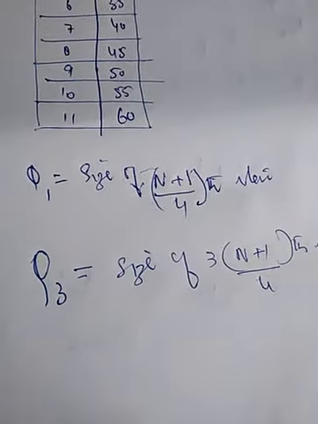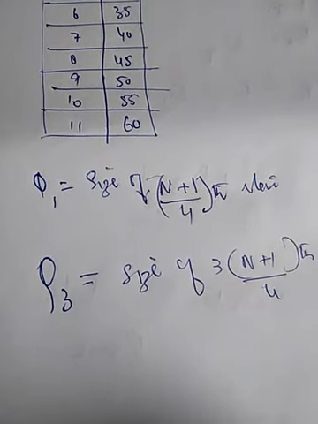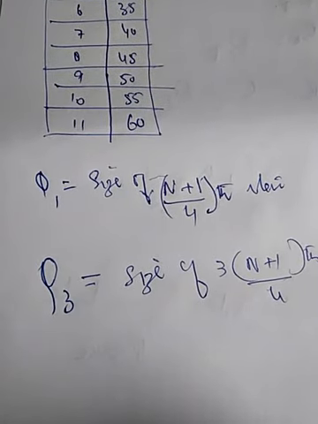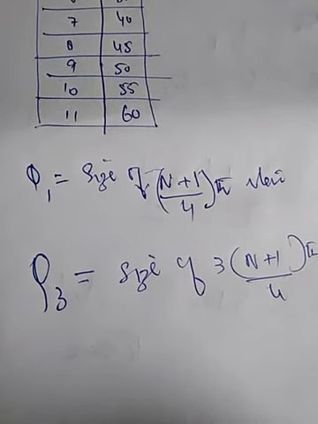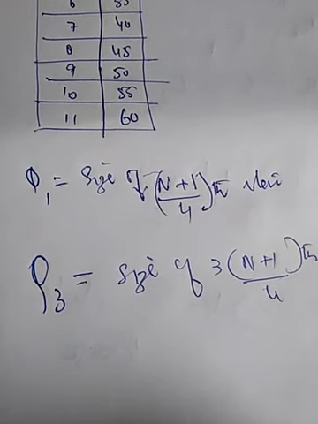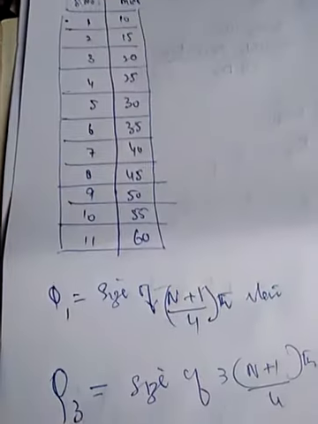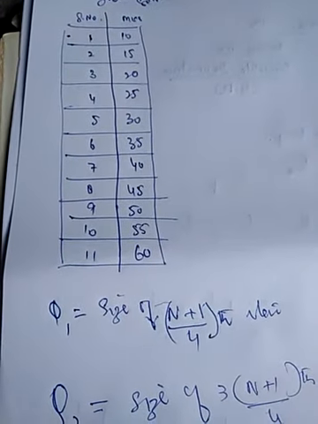So first we have to find n. In case of this series, n is the number of the items. If you look at the series, we have 11 numbers in the series.